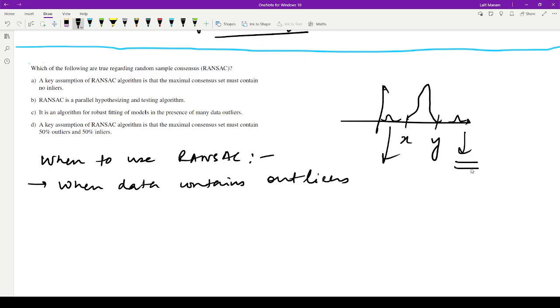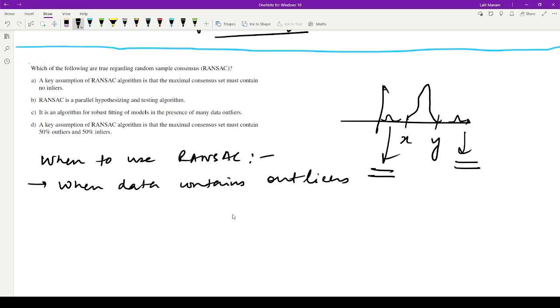These people don't need extra attention, but those people need too much attention, right? So based on detecting outliers, you might want to do something with them. But for computer vision, you might want to just throw them out because they are outliers. That's all. I hope the basic idea is clear of when to use RANSAC.